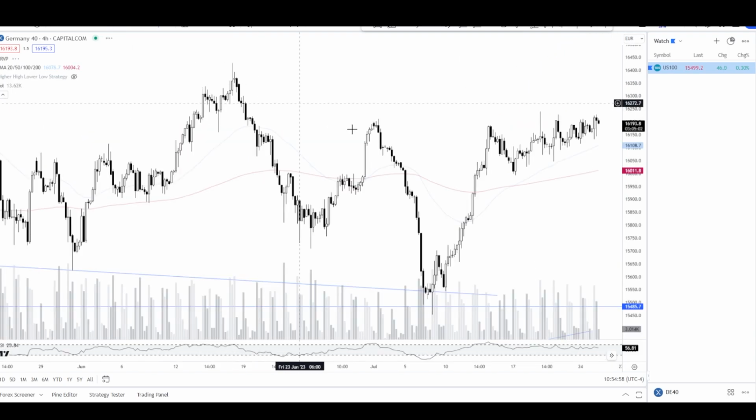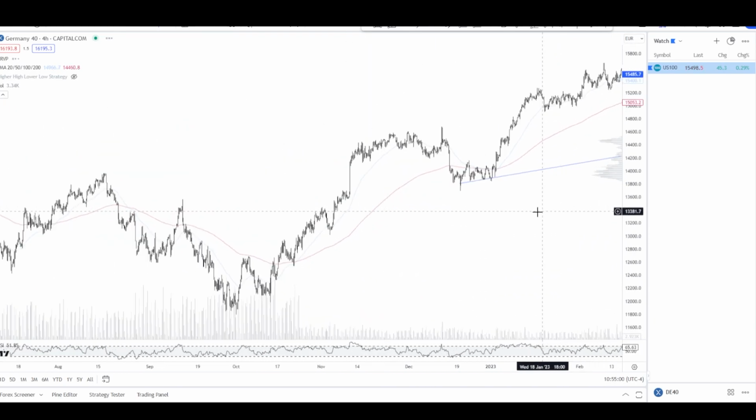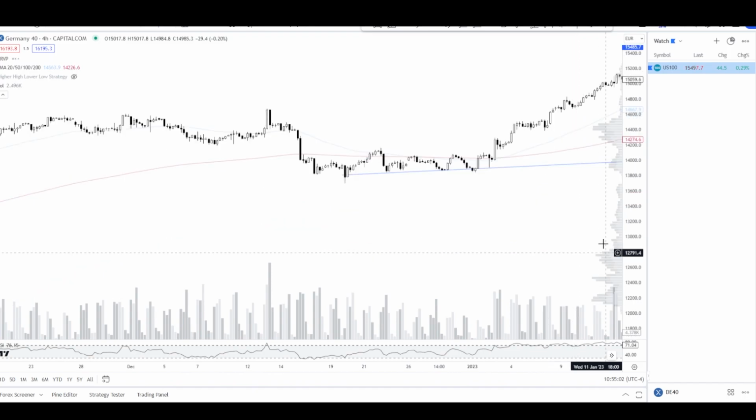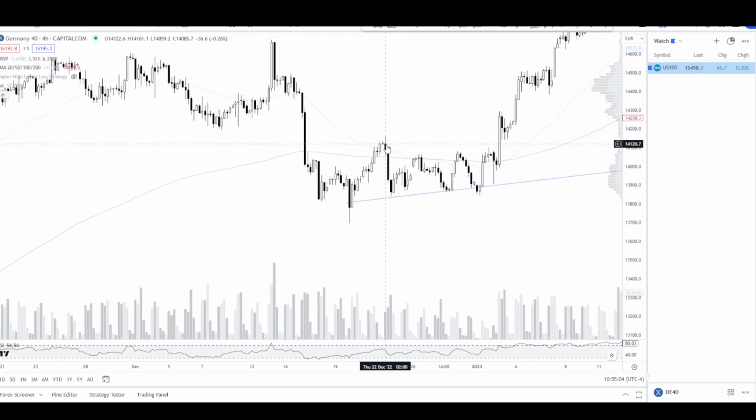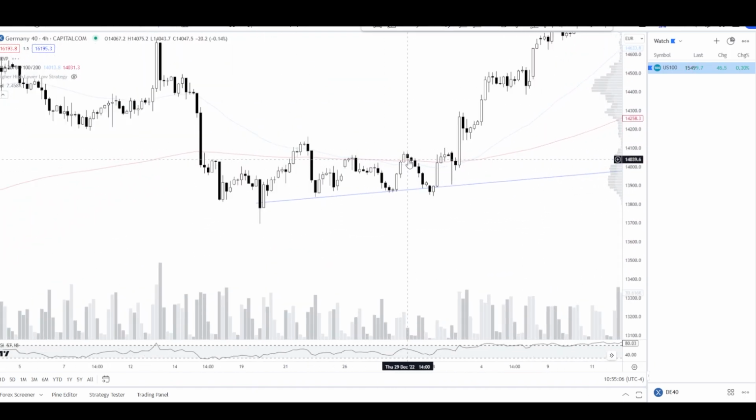Let me jump back there. On the 4-hour chart, we had a much stronger correlation, where there were very strong buy waves and very strong sell waves indeed.